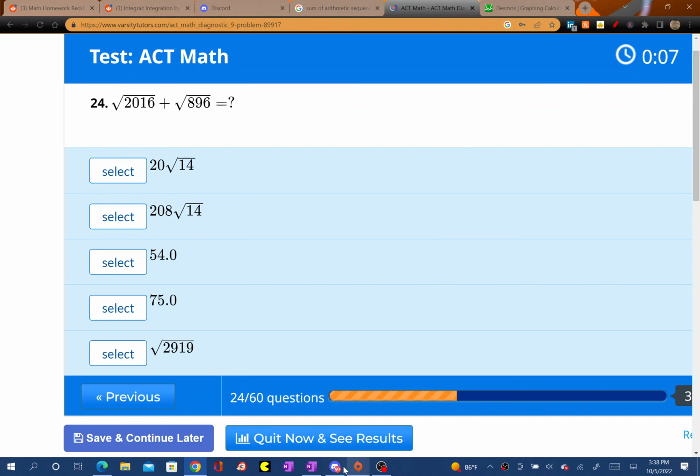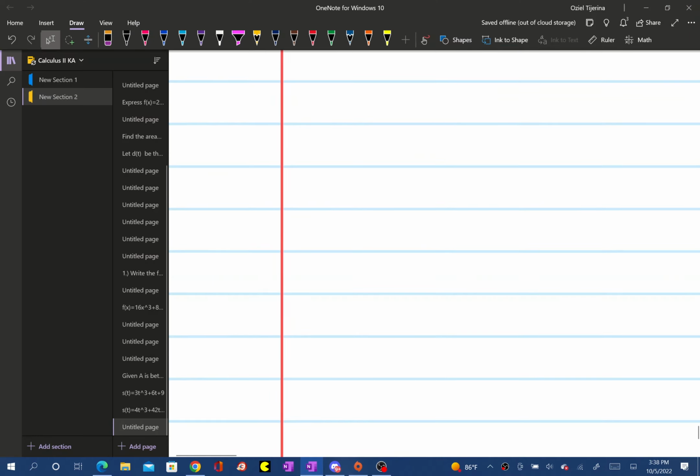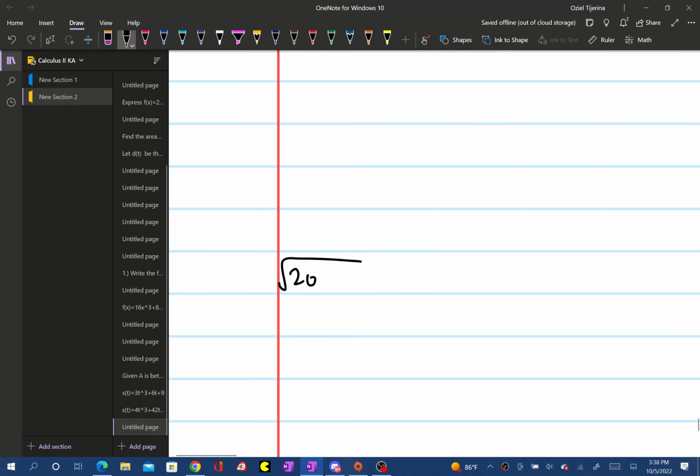The square root of 2016 plus the square root of 896. Well, let's see. 2016 divided by 400... I'm trying to think of a good number.